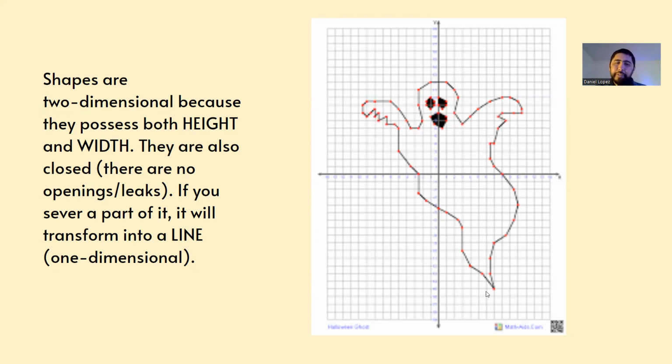If we got rid of this one point right here, then we could consider this a one-dimensional line. However, this is on a graph, and we're clearly trying to demonstrate the x-axis here and the y-axis here, meaning we're intentionally looking at it as a shape that exists in two dimensions.